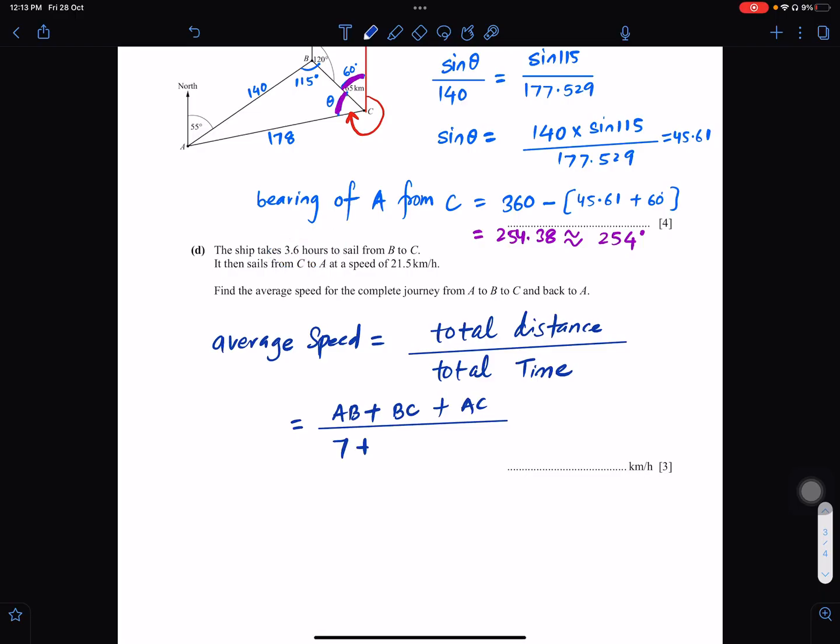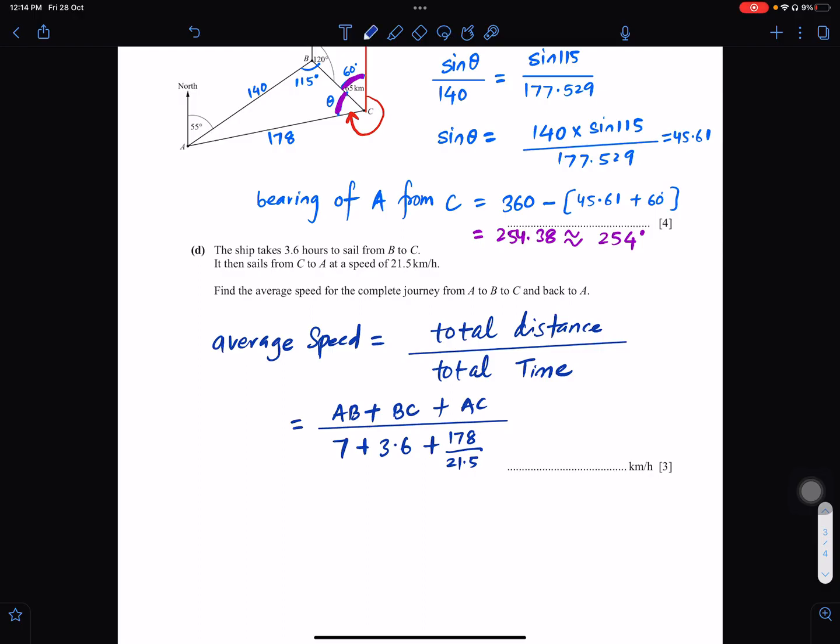That's also given. And the total time taken to cover AC is not given, but we know the speed and we know the distance. So the time taken here is 178 divided by 21.5. Basically, time is distance over speed.